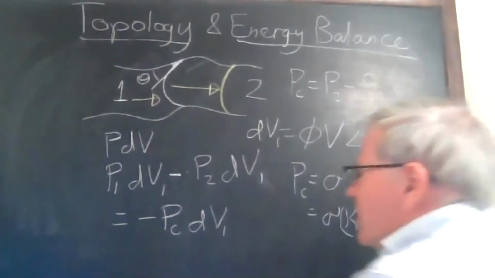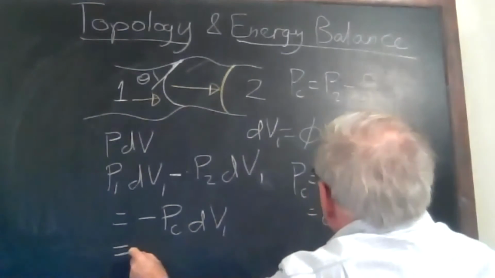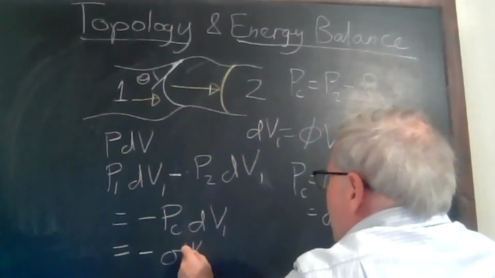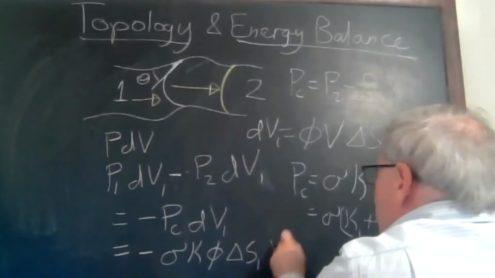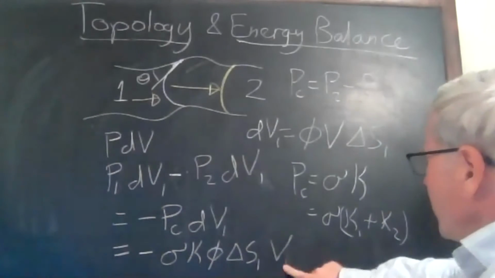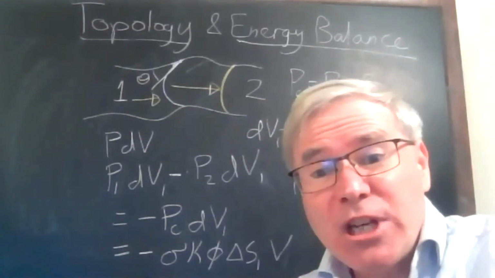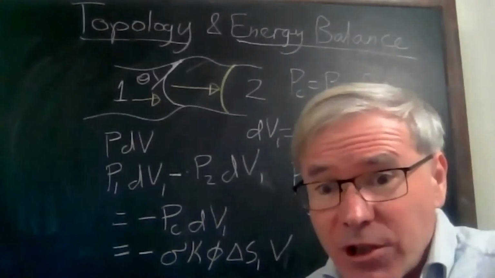So we can write this equation: our mechanical work is minus sigma kappa phi delta S1 times the total volume. Okay, so that's the energy I put in, but that's got to be converted to interfacial energy, hasn't it?